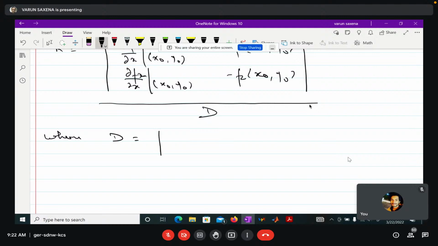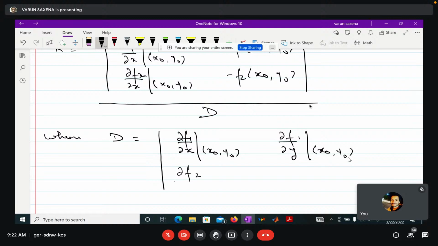D is what? D is del f1 over del x, del f1 over del y, del f2 over del x, and del f2 over del y, all evaluated at x naught y naught.